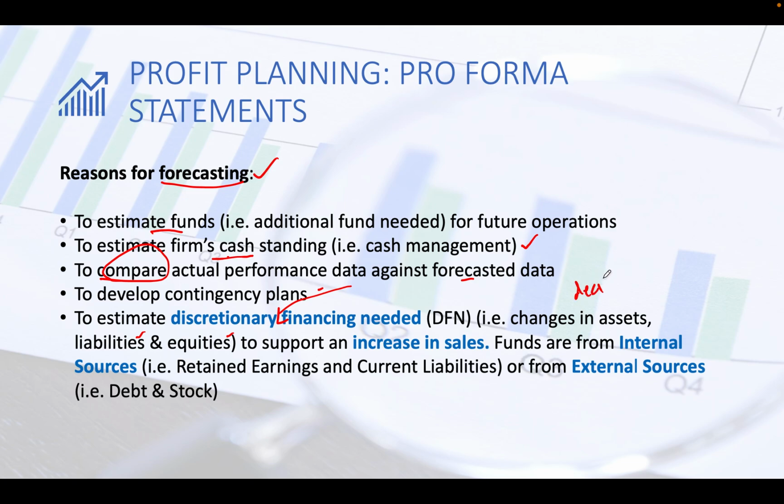Decision is made by the shareholder. That's why it's called discretionary. Yeah? So funds are from internal sources, whether it comes from retained earning ataupun current liabilities, or external sources like debt or stock. Yeah?